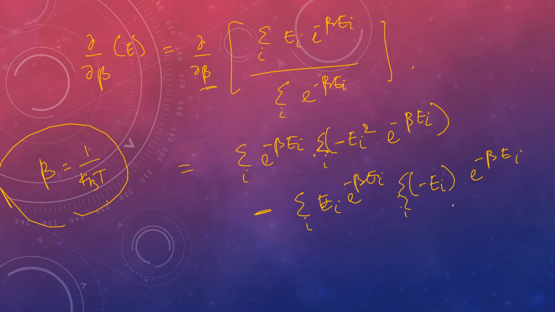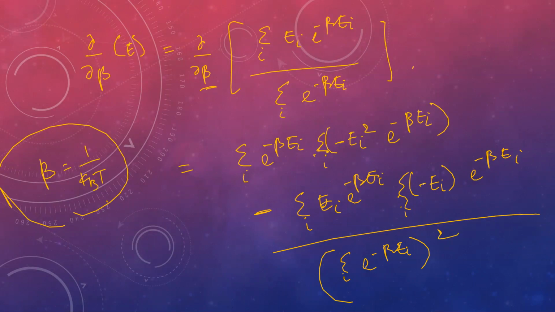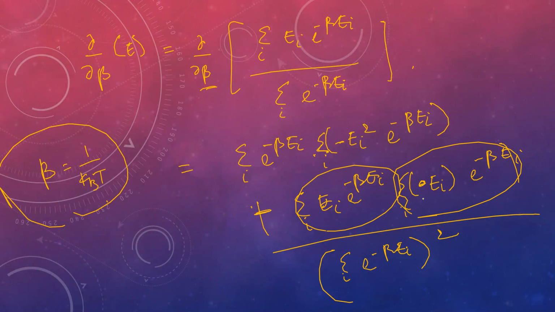Okay, so if you can see, if I make it plus, minus minus becomes plus, and this is repeated again, so I can take the square of this.